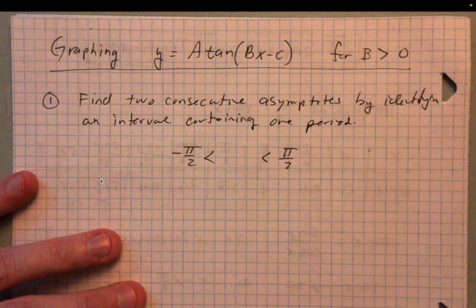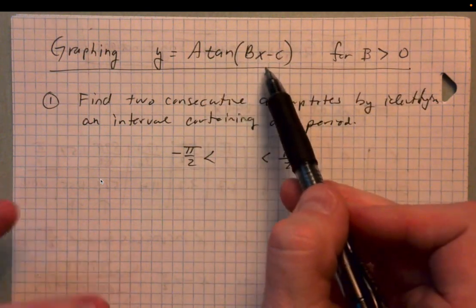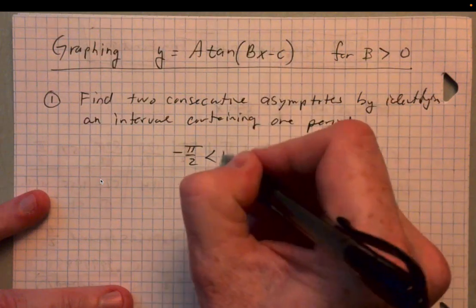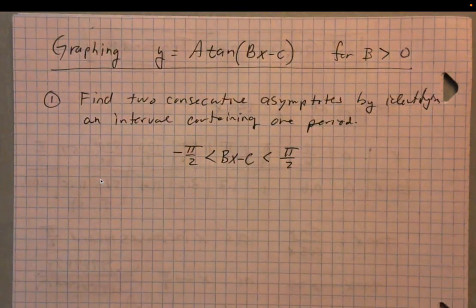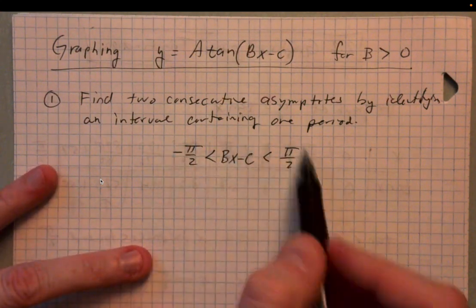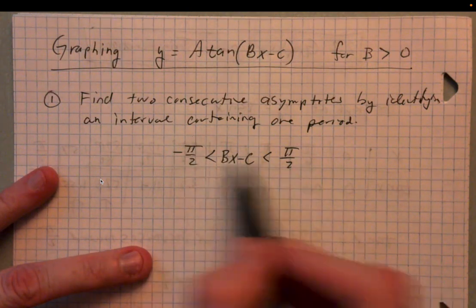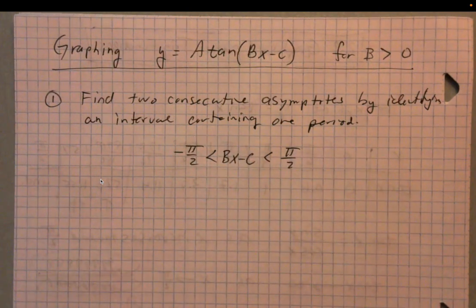Now this is not the regular tangent function, so we have to do a little bit of work to this. And so we're going to take the bx minus c and put it in between here. By using this as our starting point, we'll be able to figure out how b and c shift or change the period.